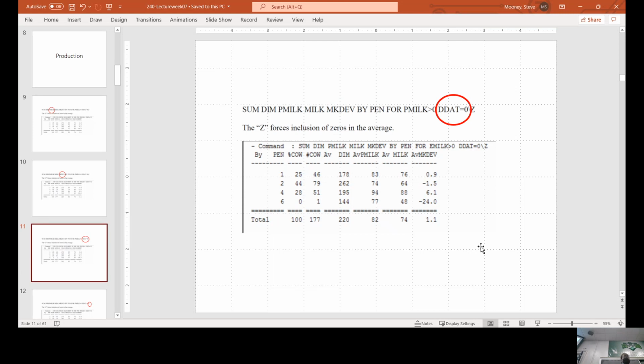So DDAT is what? What is that DDAT equals 0 doing for us? Anybody remember from last week? What kind of cows is that going to pull up?